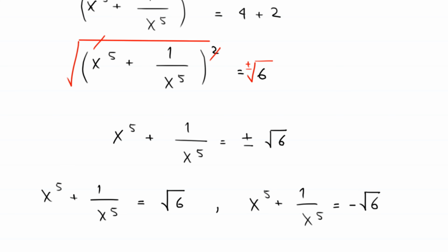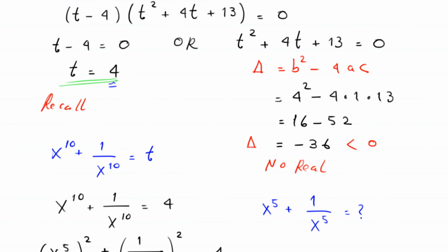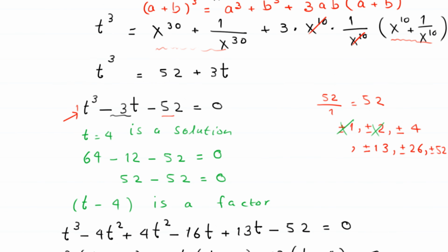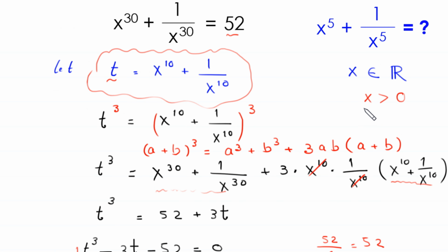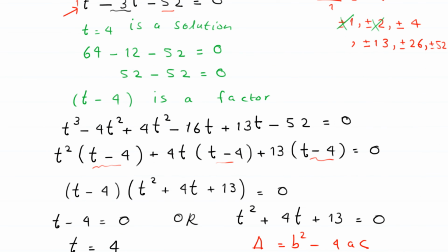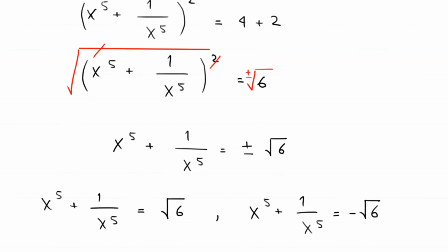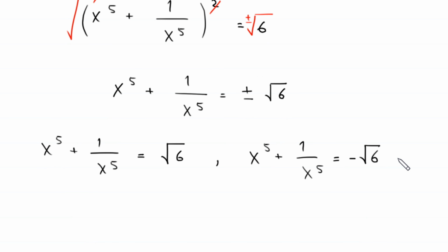Now it is given in the equation that x must be greater than 0, and this negative root 6 is less than 0, so this will be rejected, and we have only one solution for this equation. X to the power 5 plus 1 over x to the power 5 is equal to root 6.